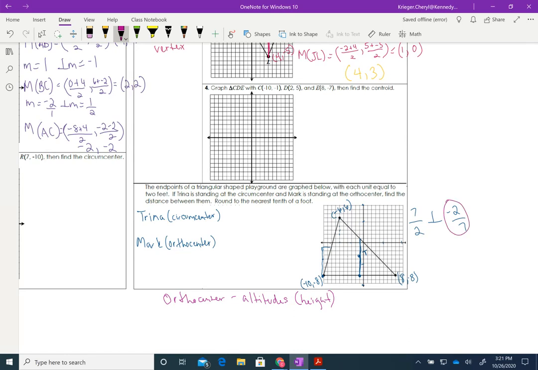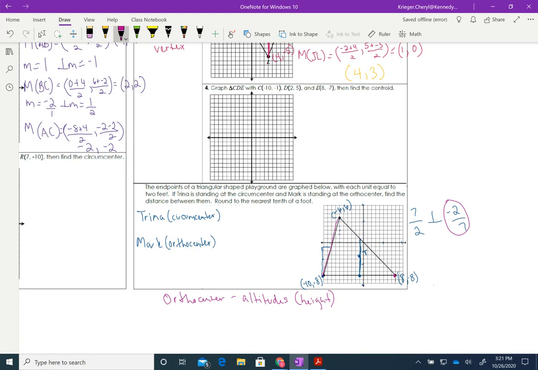And so we go over to the opposite vertex, right? If we're talking about this side has a slope of 7 over 2, we're going to go to the opposite vertex, which is over here at negative 8, and then go down 2 over 7, right?